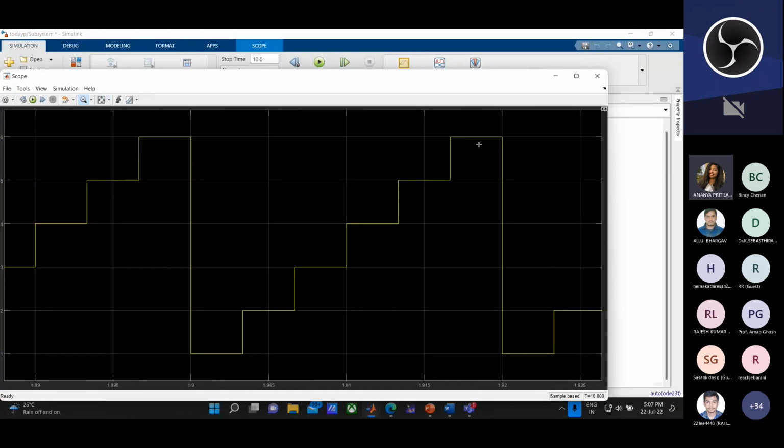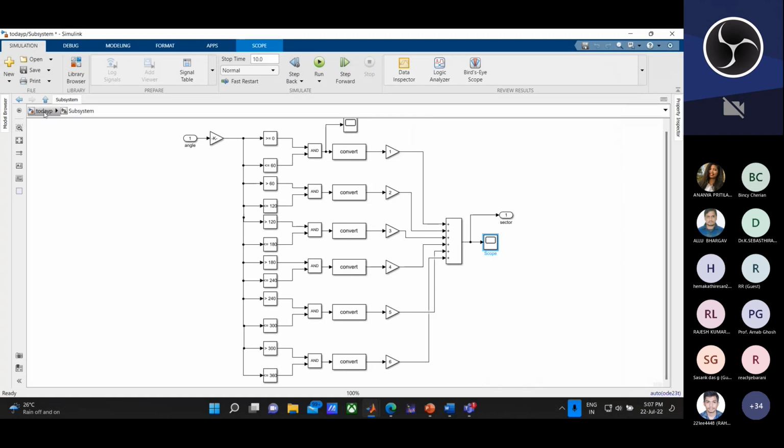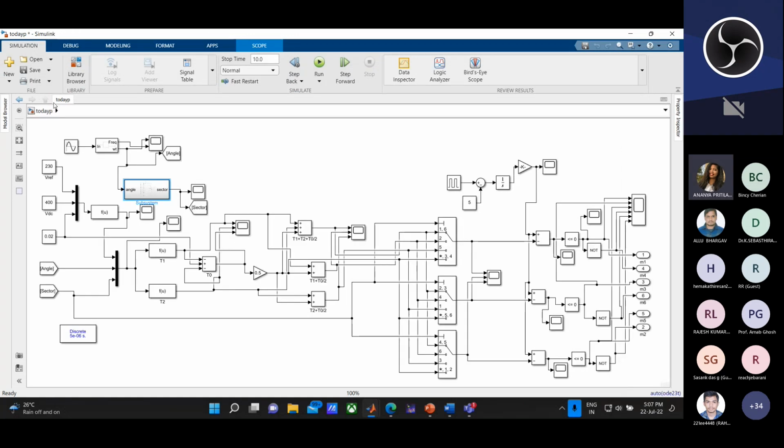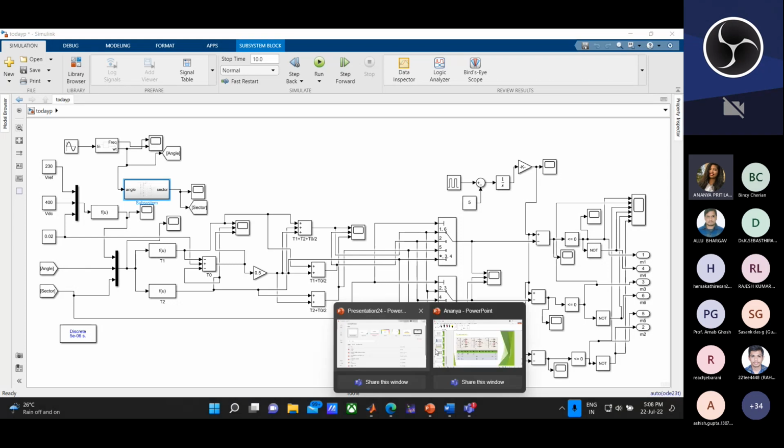One, two, three, four, five. 5 sectors have been calculated. From that sector, again we have fed that sector and angle and calculated T1 and T2 as I have shown in my PPT.